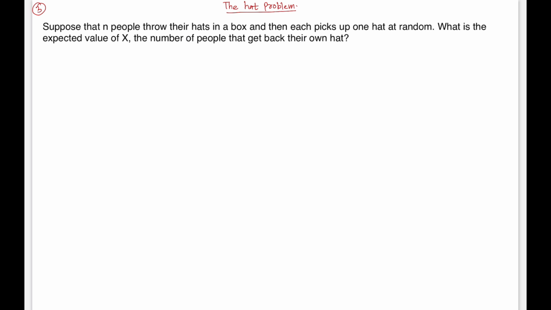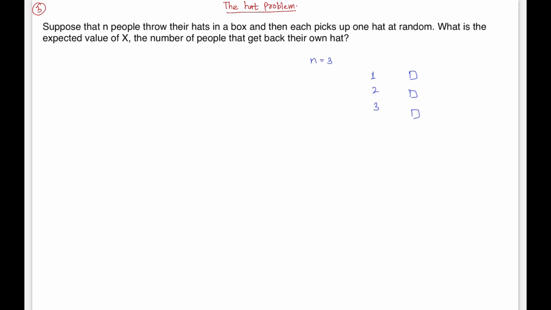Alright, now first of all, let's try to understand this problem more. Let's take n equals 3. So there are 3 persons: person 1, person 2 and person 3. They have thrown their hats into the box, right? Now they are picking their hats.